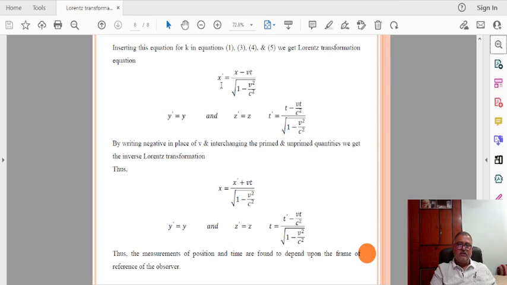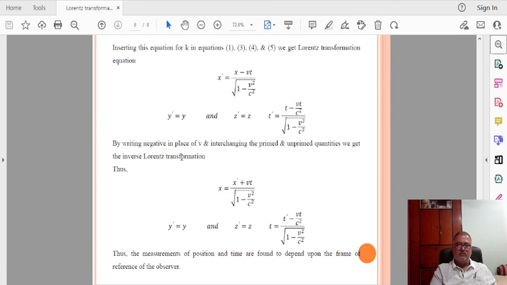See here, x prime equal to (x minus vt) upon root of 1 minus v square upon c square. Here y prime equal to y and z prime equal to z, and t prime equal to (t minus vx upon c square) upon root of 1 minus v square upon c square.